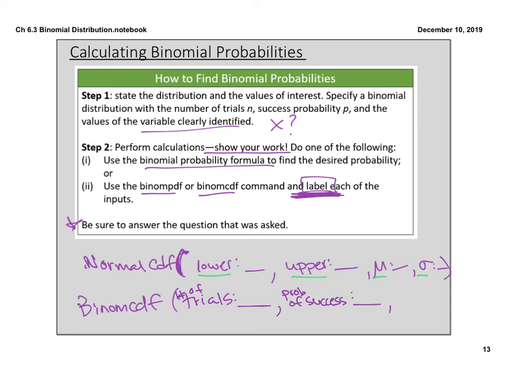And then you've also got the number of successes. Those are the 3 values of interest when you're putting things into your binomial CDF. So making sure that you label those values of interest when you're showing your work on a free response question, that's going to be really important. If you just listed this, this, and this without the labels, I can promise you they're not going to give you full credit on the AP exam.